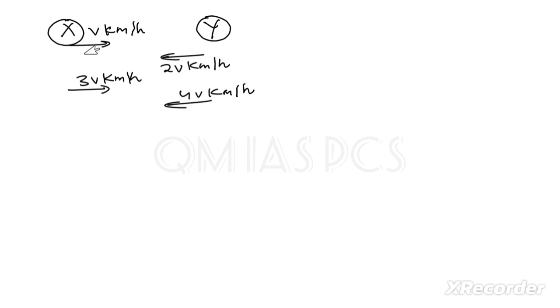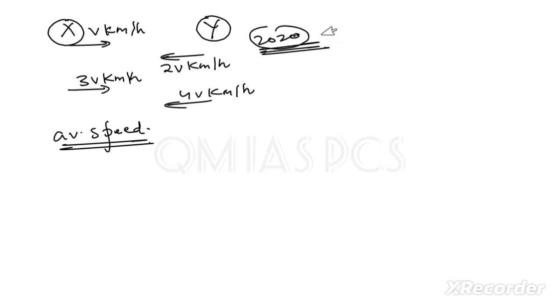That means they are completing that round trip 2 times. When moving from x to y, the speed is v kilometer per hour, then y to x it will be 2v kilometer per hour, again from x to y it will be 3v kilometer per hour, then finally 4v kilometer per hour for returning back. So we have to find the average speed of the complete journey. This is from UPSC 2020.